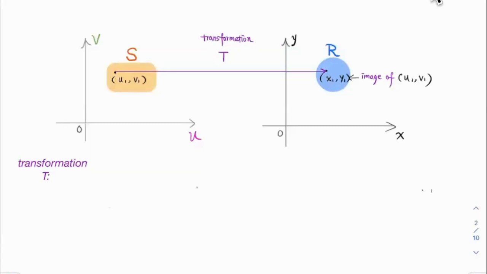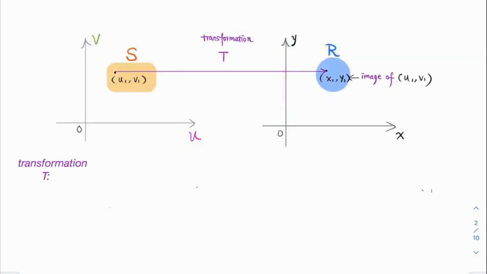For example, this transformation maps this point (u1, v1) in S to the point (x1, y1) in R. (x1, y1) is called the image of (u1, v1) under this transformation. If no two points in S have the same image in R, then we call this transformation one-to-one.